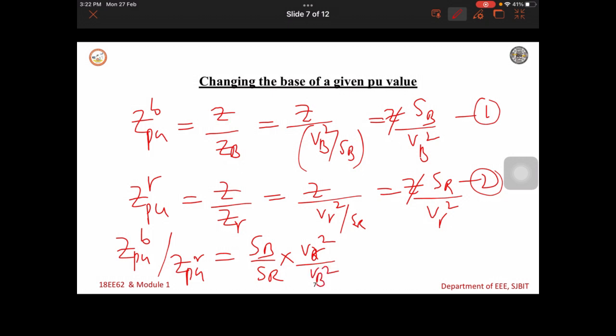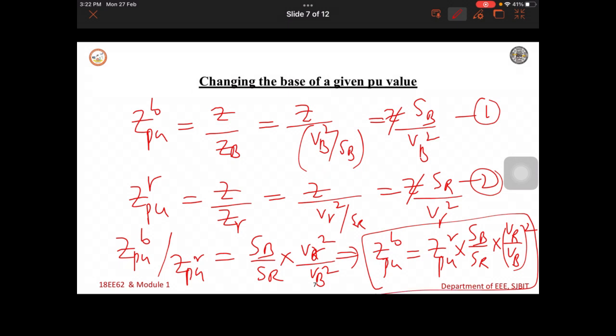If you simplify this further, you will get Z per unit on base is equal to Z per unit on rating into SB by SR into VR by VB whole square. So, this is the formula we use to change the base of a given per unit value.